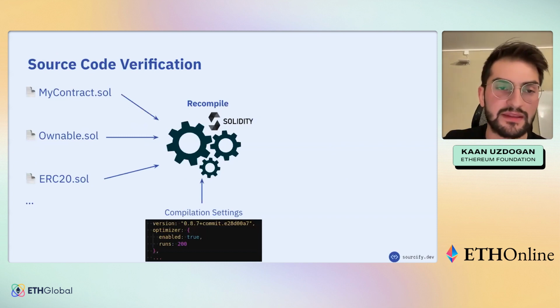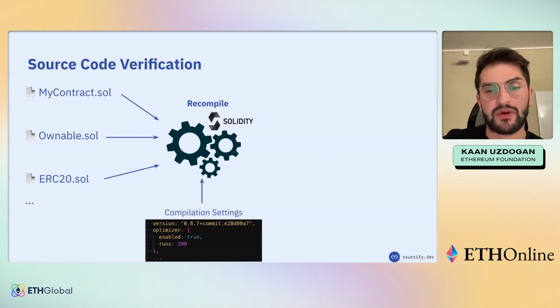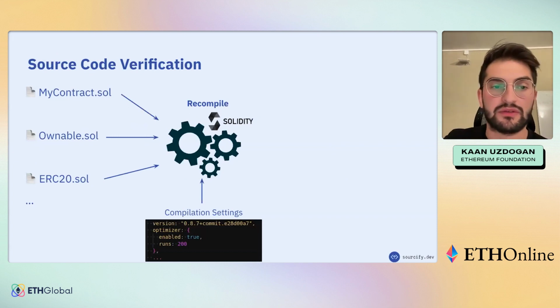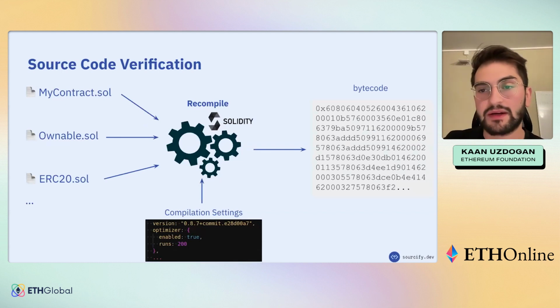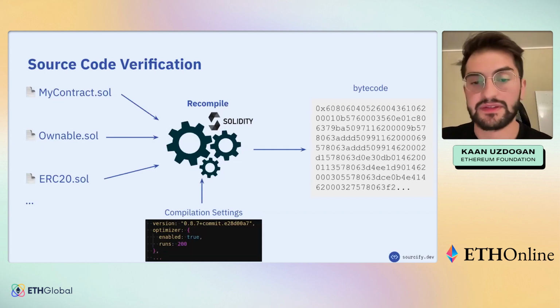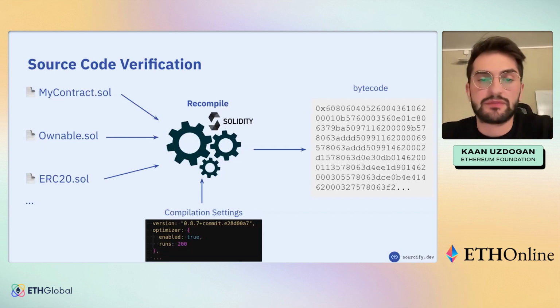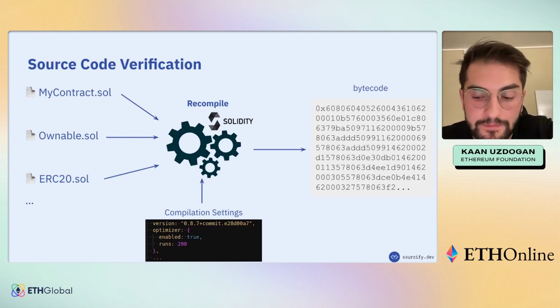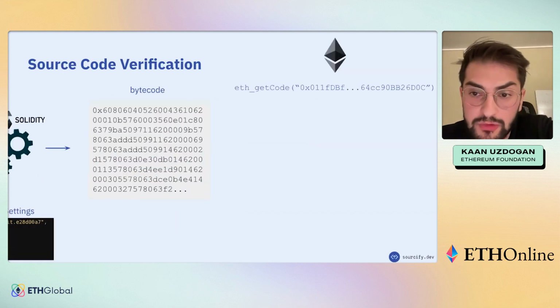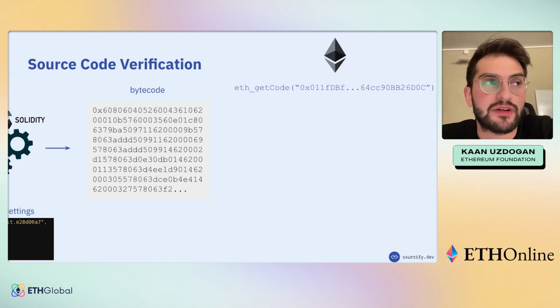So we get the source code files. If you are verifying a contract, you give us source code files, you give us the settings you have, then we recompile everything. Then the compiler outputs the bytecode of the contract, the code that the machines understand, not the human readable source code, but the bytecode that is deployed on blockchain. And then we also have the contract that we want to verify.